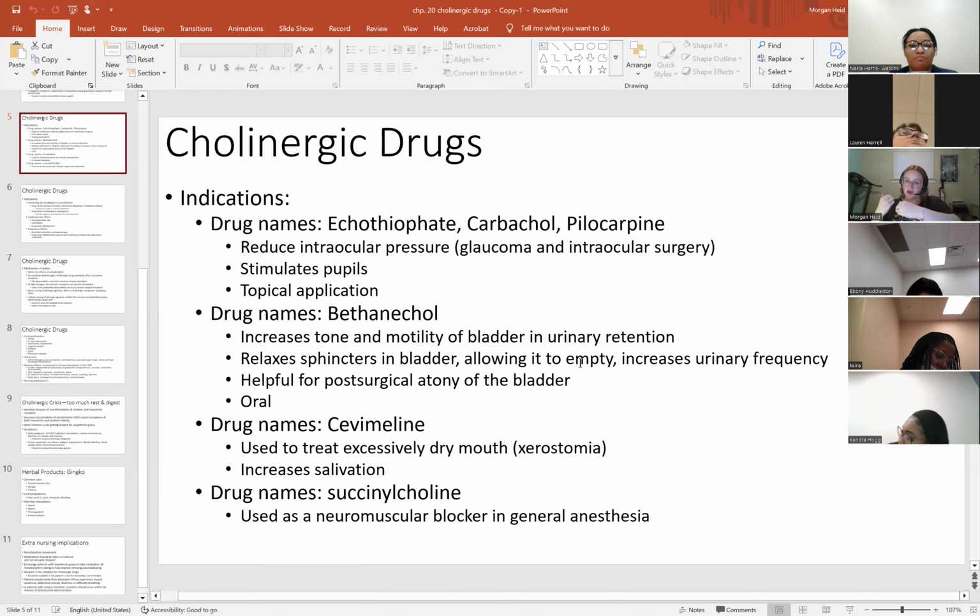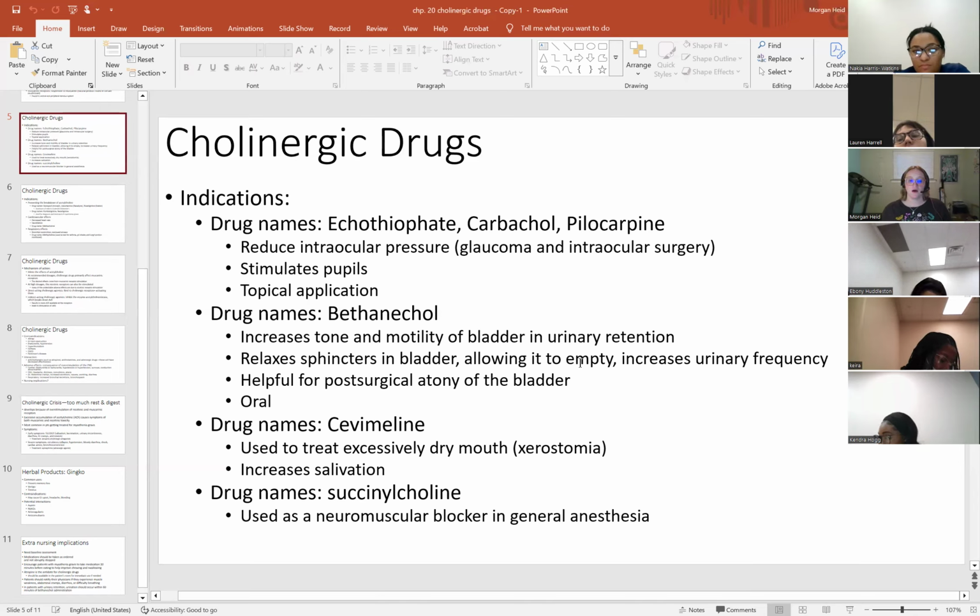If I constrict it, I'm making it smaller and not so flabby and in the way, so I open up the passageway for the fluid to drain out. That make sense? If it doesn't, that's okay, because I don't have an eye diagram in front of me, and you probably haven't gone over glaucoma yet. I'll go over that more when we do the glaucoma chapter. All I need you to know right now is that it causes constriction of the pupils, which reduces intraocular pressure.